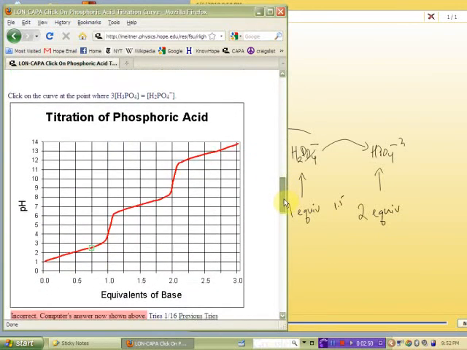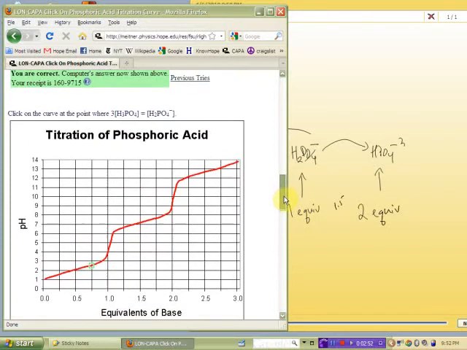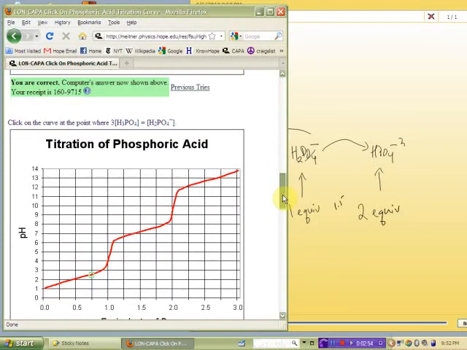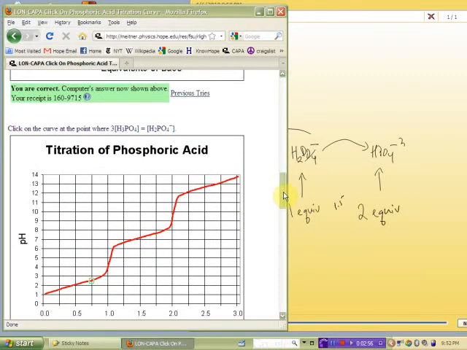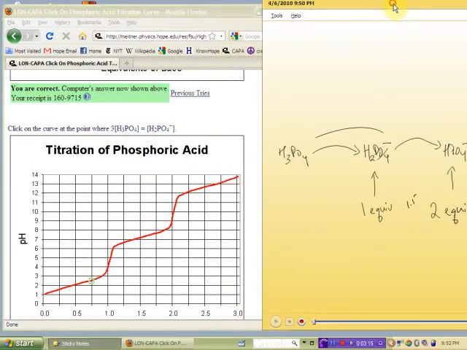Okay, now here was the one that I think some people struggle with a little bit. If you have 3 times as much of one as the other, that is, if 3 times this one equals the concentration of that one, this puts me somewhere in between here and here.